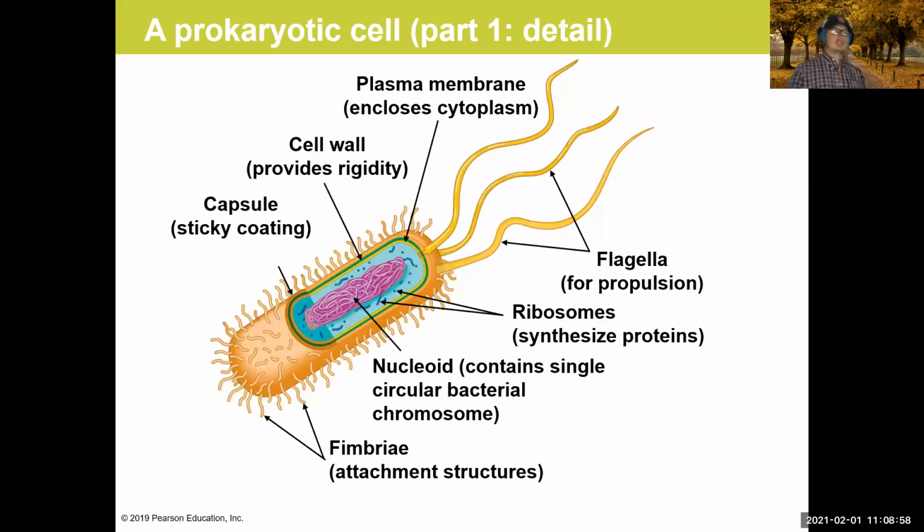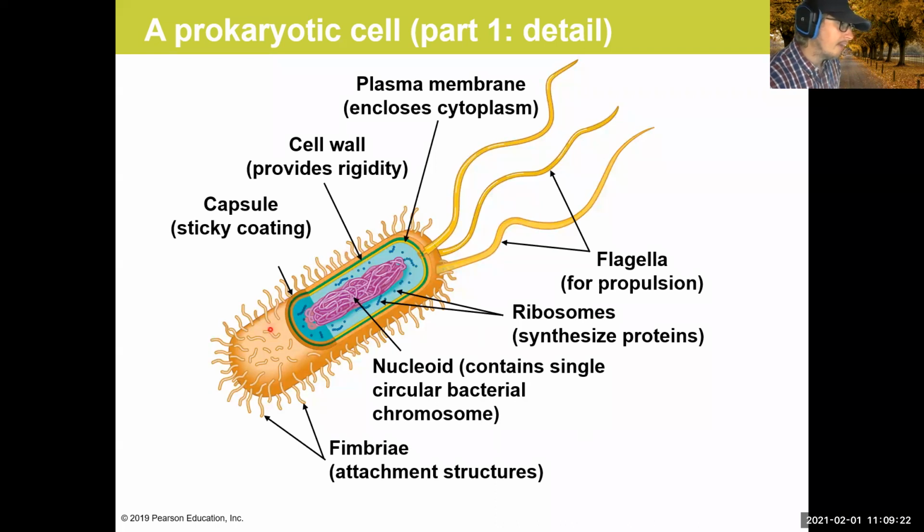And so here's that image blown up of prokaryotic cells, where you have just a single-celled organism, with some flagella, either one or a couple, to help with movement. The green line is the cell wall that helps to provide structure.